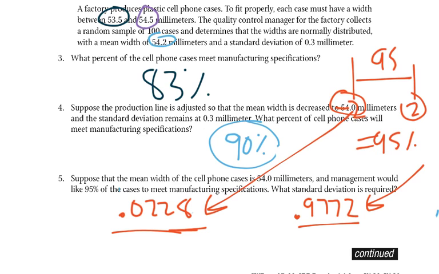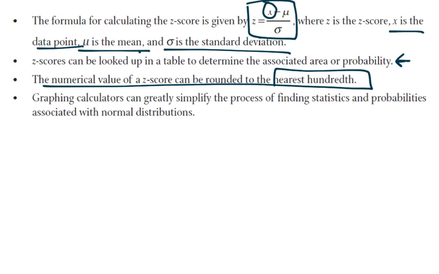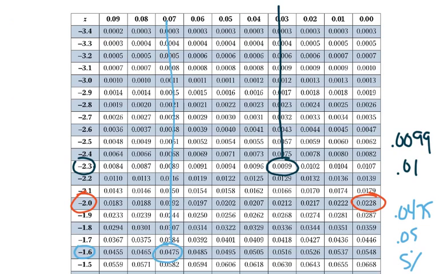So we're basically saying we've got the 53.5 minus 54, but we don't know what the standard deviation needs to be. So that's going to have to be equal to our z-score. So I just kind of set it up separately. In other words, we know this, we know this, we know this, but we don't know that. So that's what we're looking for. So we're just setting things up differently.